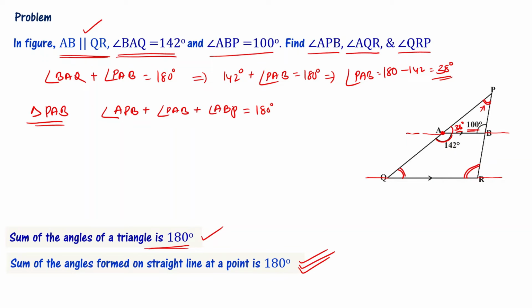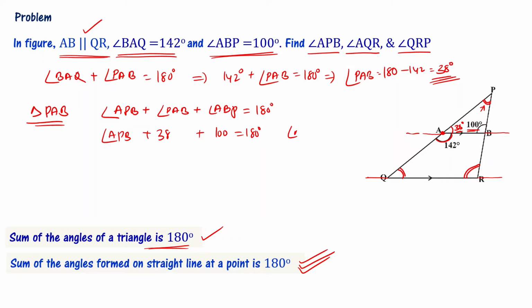Now, out of these three, we know two of them, right? 100 degrees is ABP. Let's write that. This is 100 degrees. Plus PAB we found it is 38 degrees. Let's write that. And what we have to find is APB, right?